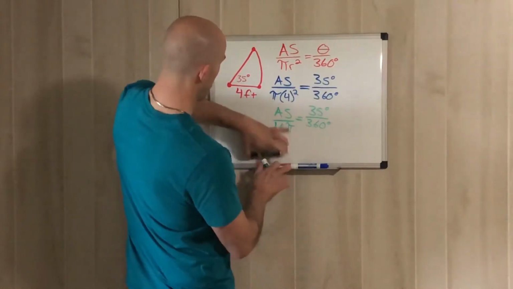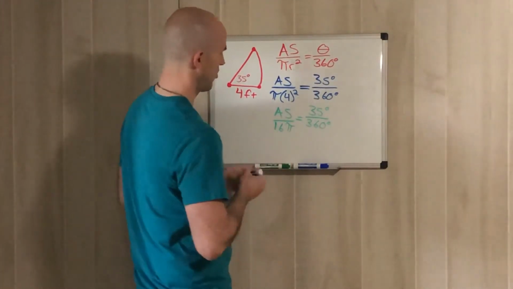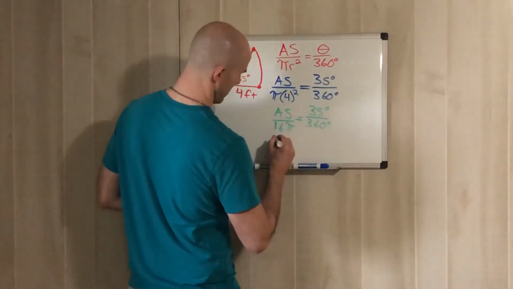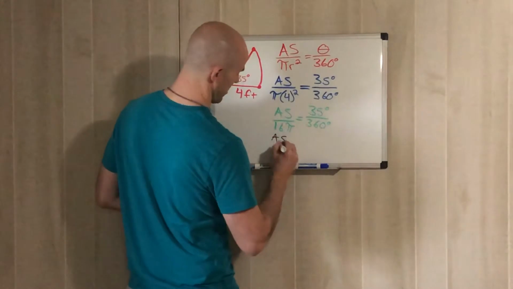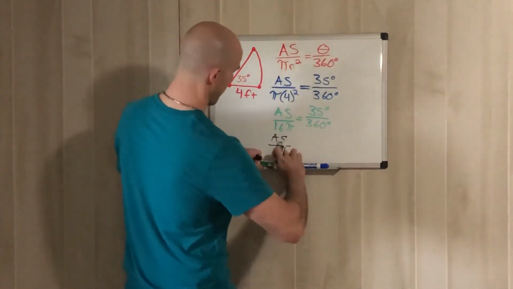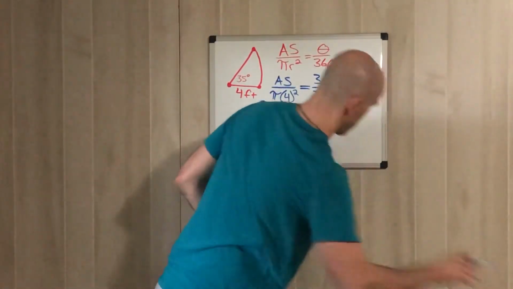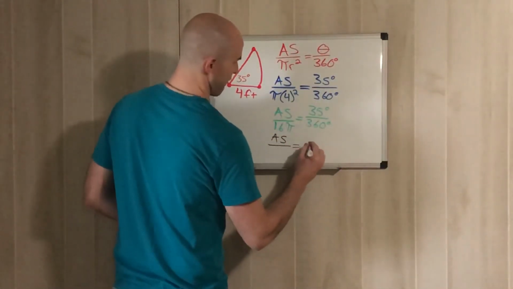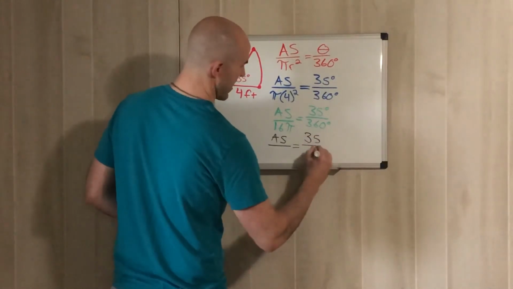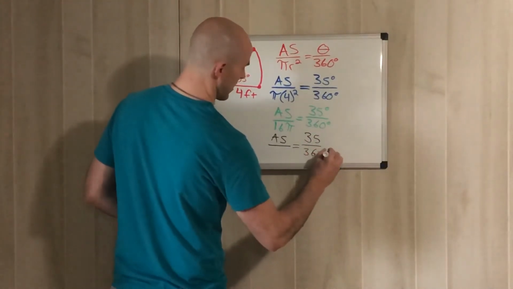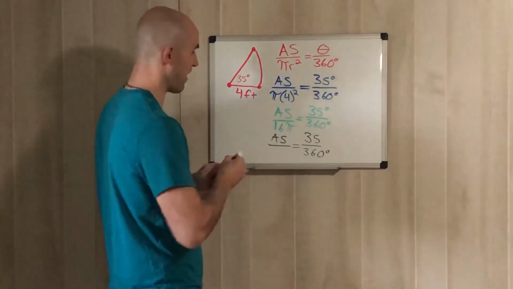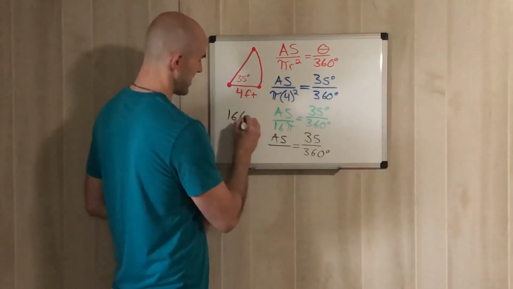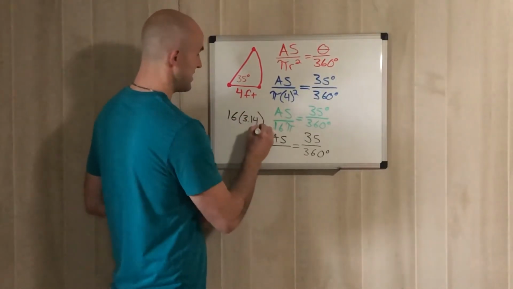So once we do all of this, we're left with AS. Let's do it here. Let me move this stuff out of the way. We have AS, we have 35, we have 360, and now let's do 16 times pi. Some people, when they say 16 times pi, are going to see 16 times 3.14, same thing.